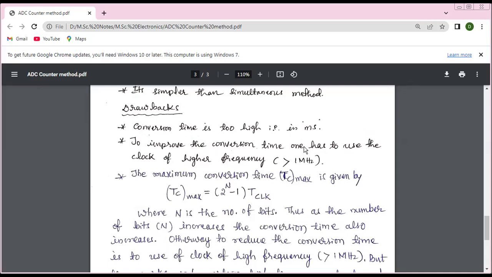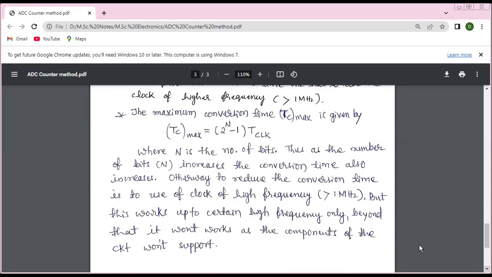To improve the conversion time, one has to use a clock of higher frequency, greater than 1 megahertz, because this is the important relation for this counter type. The maximum conversion time T max is given by this equation: T max is equal to 2 raised to n minus 1, times T clock, where n is the number of bits.